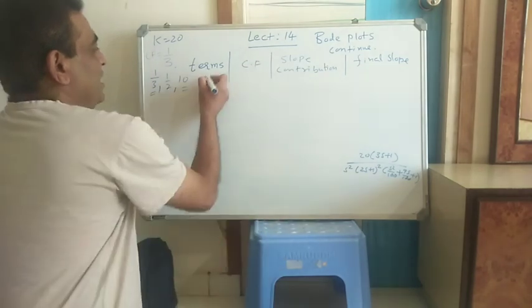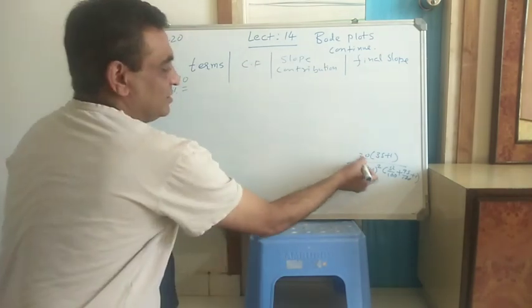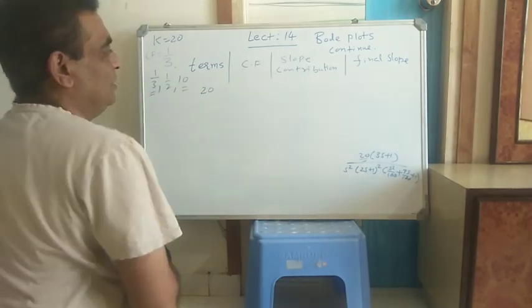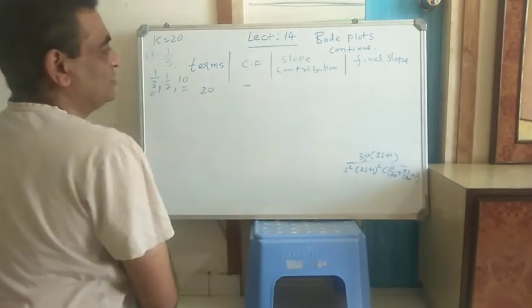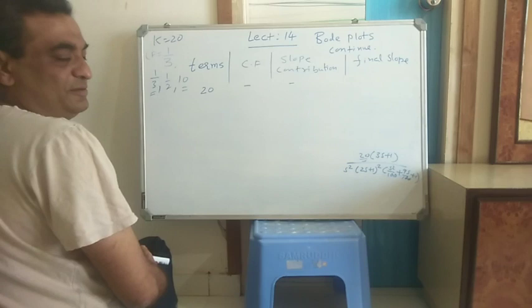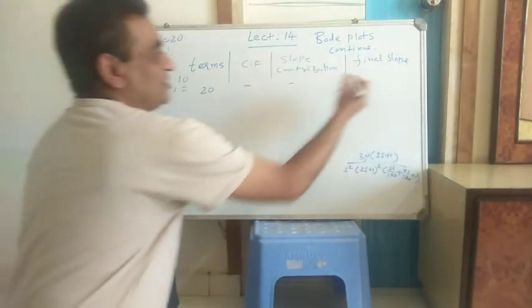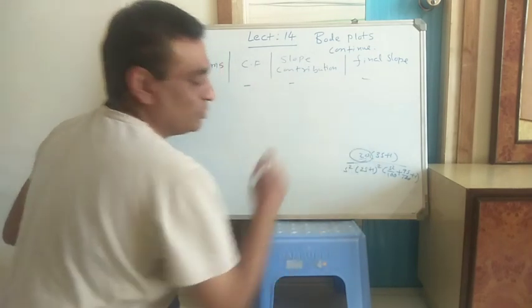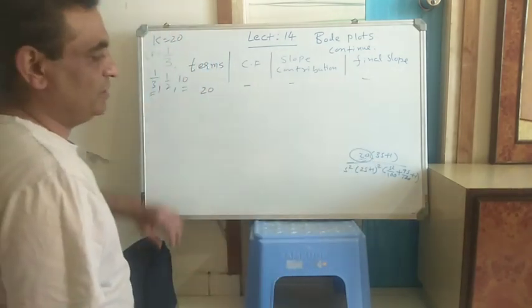The term k means 20 here. For the term 20, there is no corner frequency, no slope contribution, and no final slope. So I have taken this term 20 into consideration.